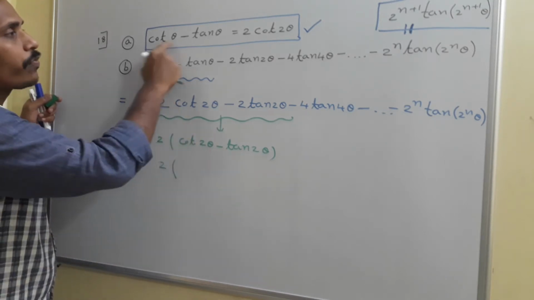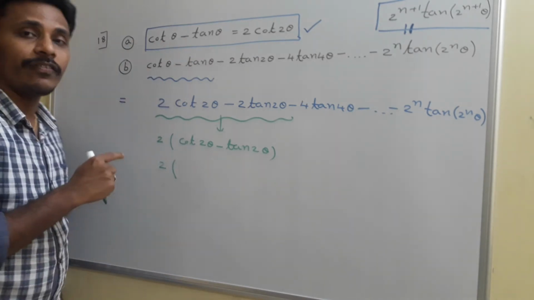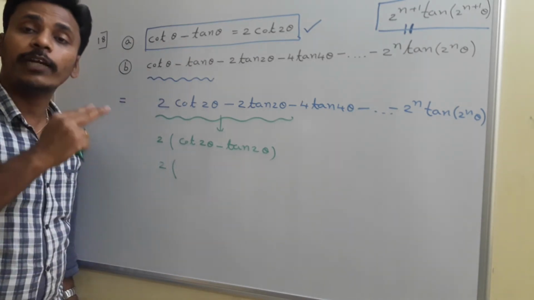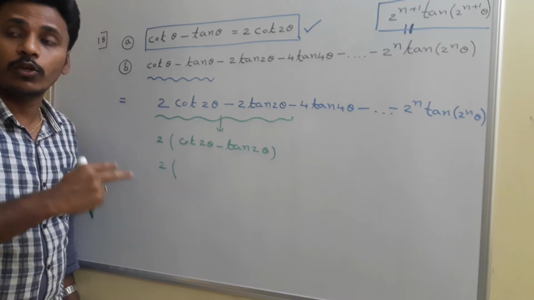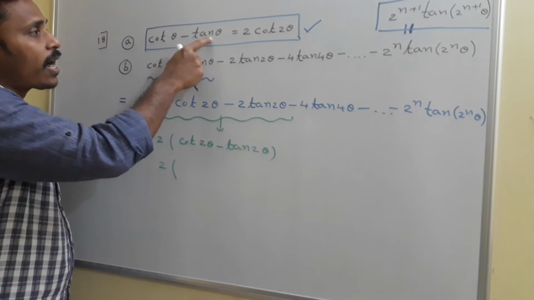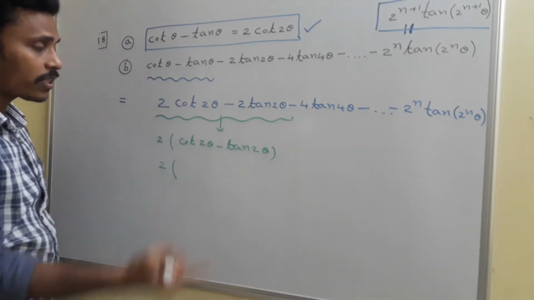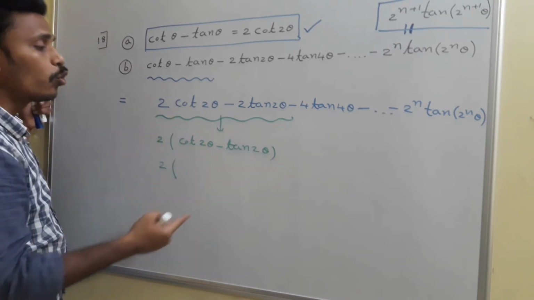It is again of this format, with 2 theta here. As I mentioned in the previous class, we need to identify the format and change the angle as per the format. Here theta gives the result 2 theta, but here we have 2 theta, so the result will be 2 times 2 theta.